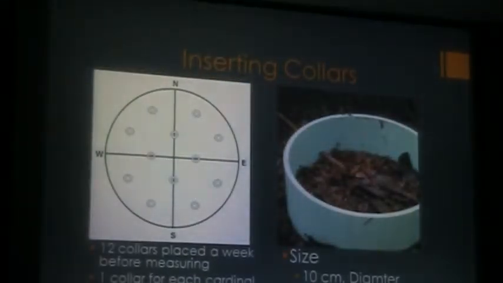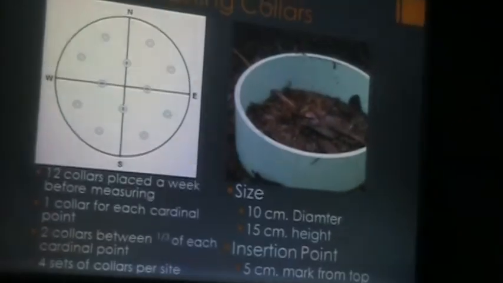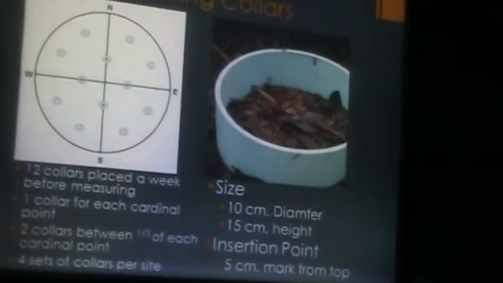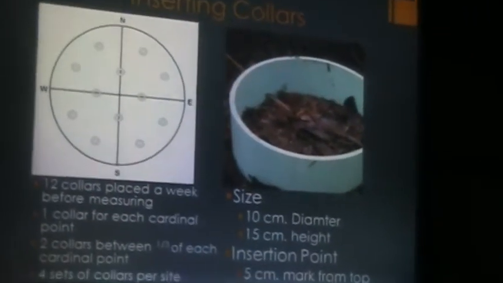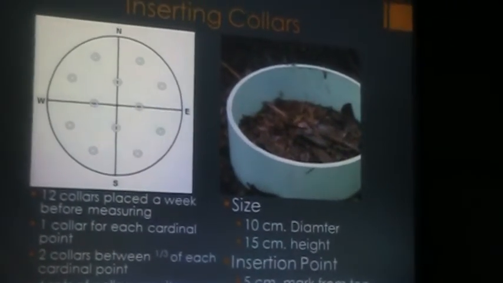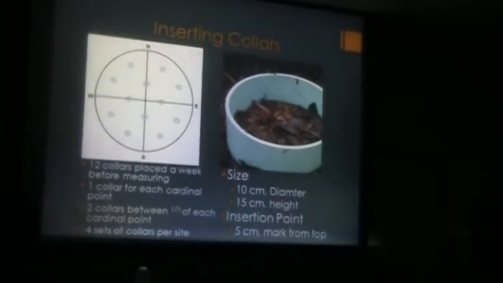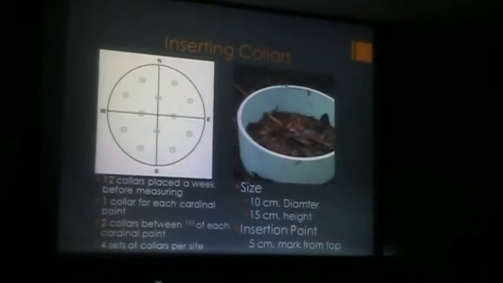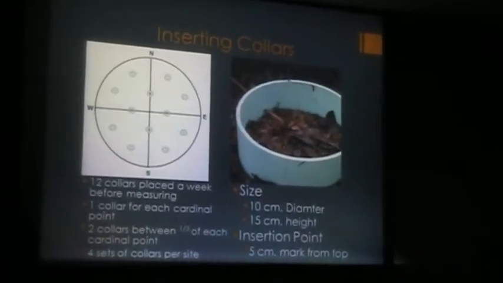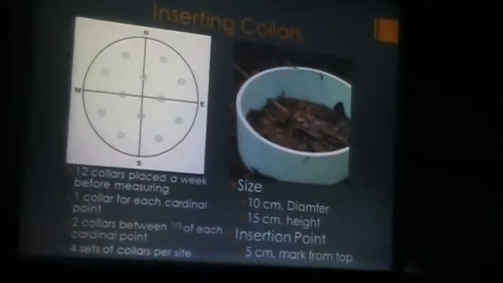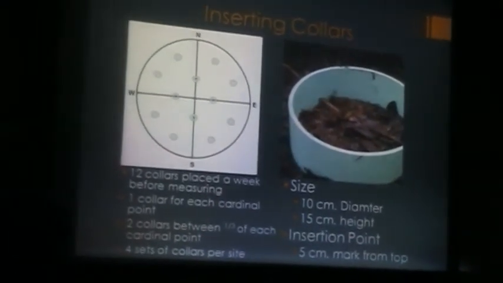The first thing that we have to do is insert collars. These collars are 10 by 15 centimeters, and it's basically just PVC tube. People also use metal ones, but that would be kind of heavy to hike all the way in the forest.